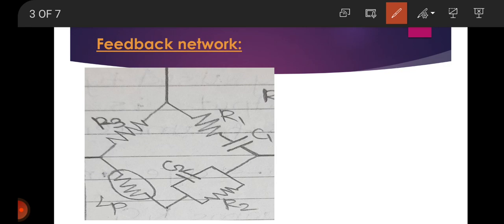So this bridge circuit has the arms R1, C1, R3, R2, C2, and this is LP, that is, a tungsten lamp is used here. So resistances R3 and LP are used to stabilize the amplitude of the output.